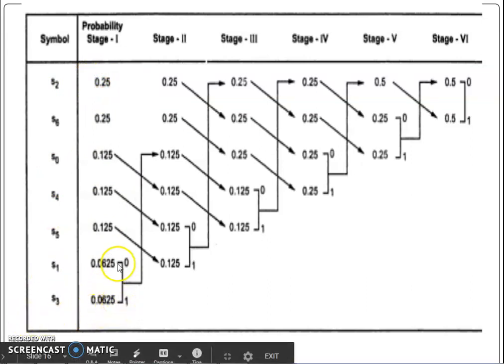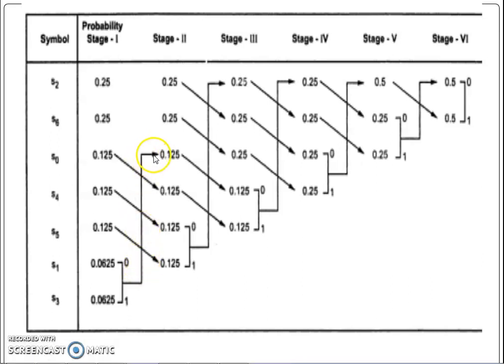The first step is to add the lowest probabilities. I add 0.0625 and 0.0625, whose sum is 0.125. As we have to calculate the minimum variance, we keep the sum on the top.